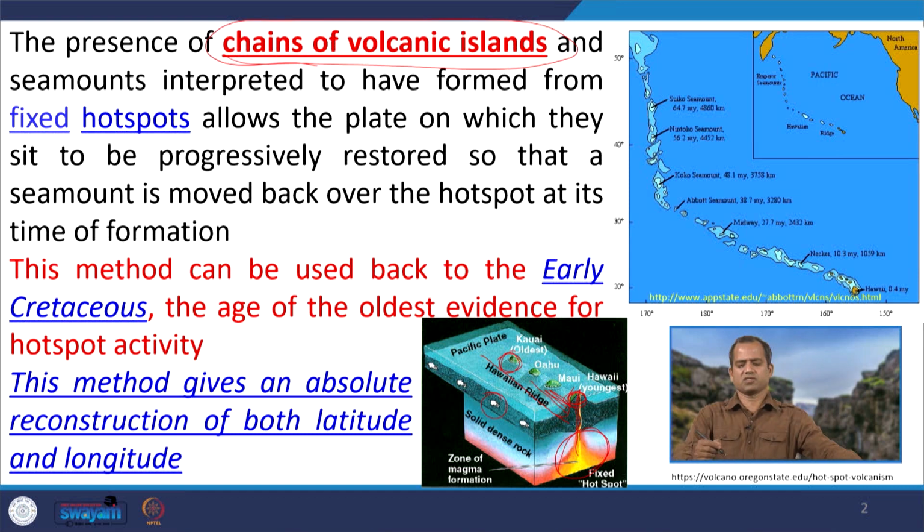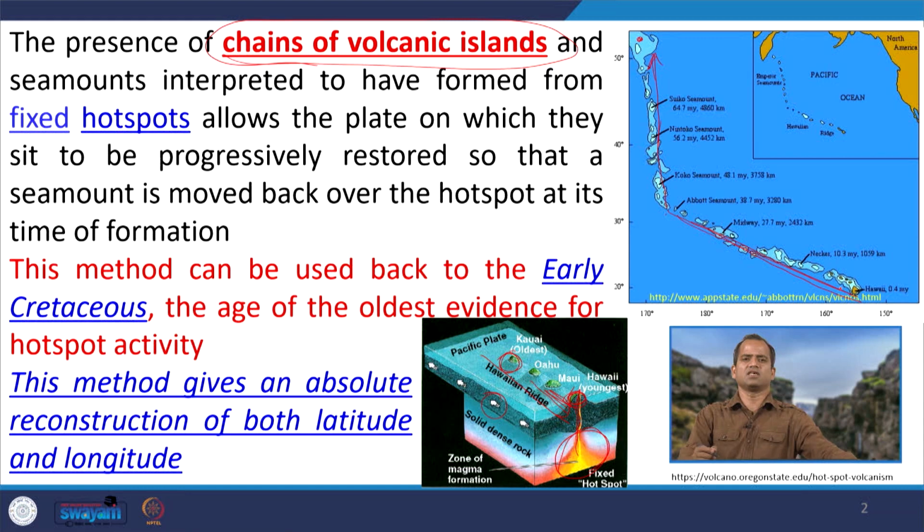For example, if you see here, the oldest hotspot segment is here, and its direction, for example, is north south, and at this point the orientation changes to northwest to southeast.